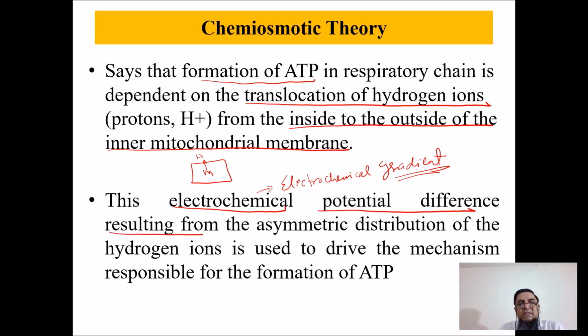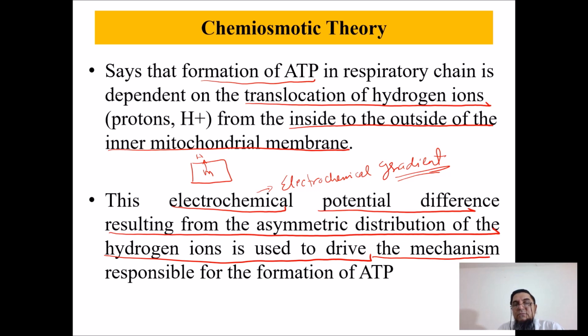And this is an asymmetric distribution of the hydrogen ion. So when there is an asymmetric distribution of hydrogen ion and a potential gradient is developed across the membrane, this in turn drives the mechanism of the formation of ATP.